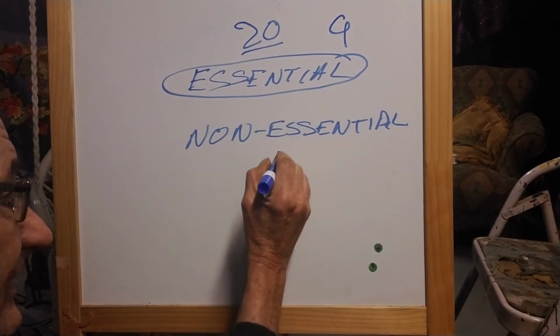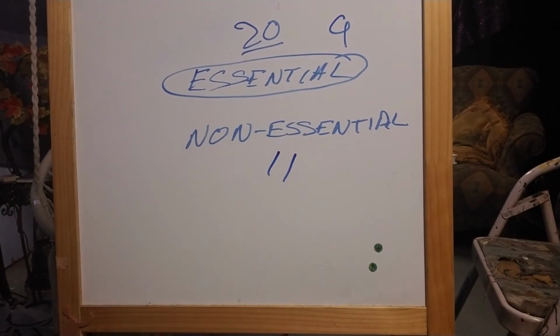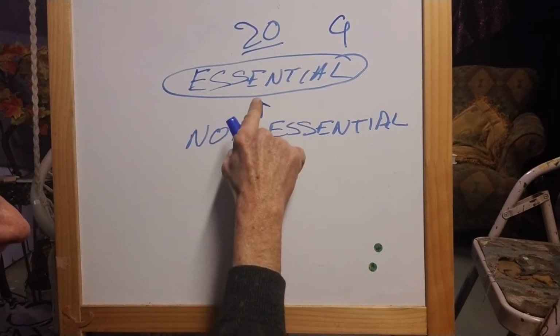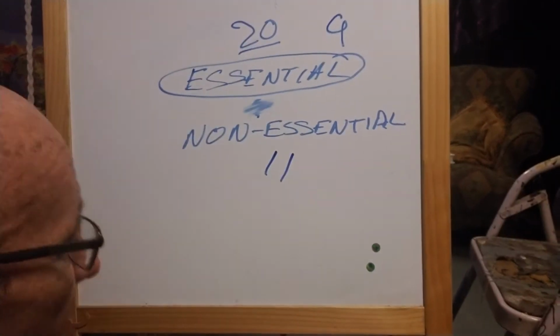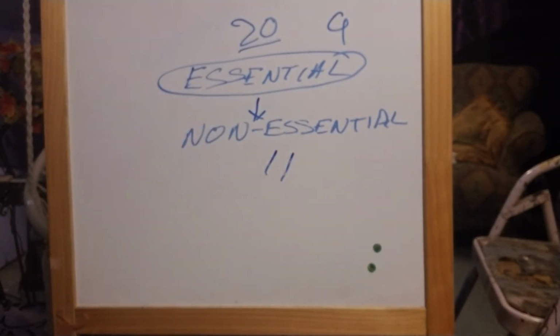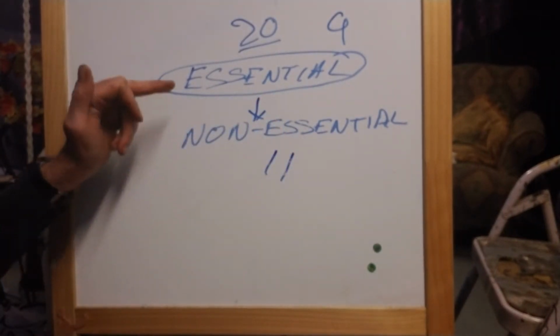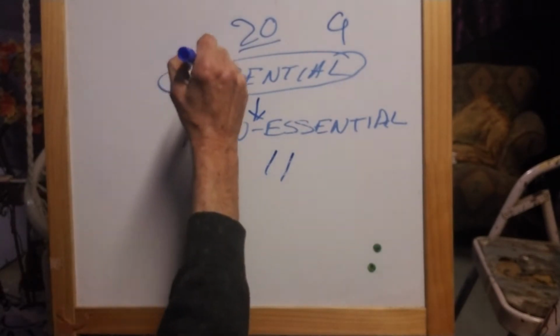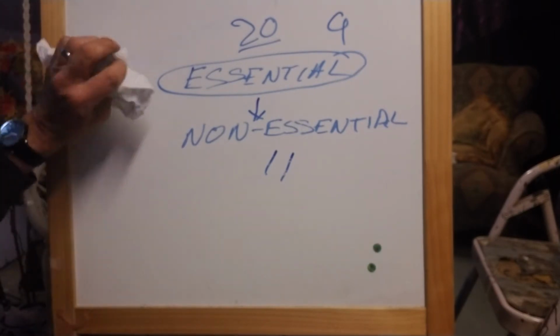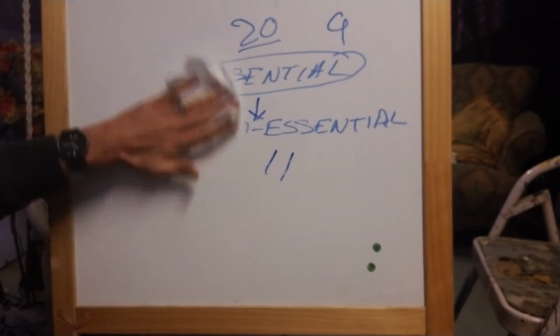The other 11, which are no less essential to human life, your body can make. It can make the non-essential ones from the essential. So these are the 9 that must be in the foods that you eat. And as we go through them, I'll let you know what's essential and non-essential.